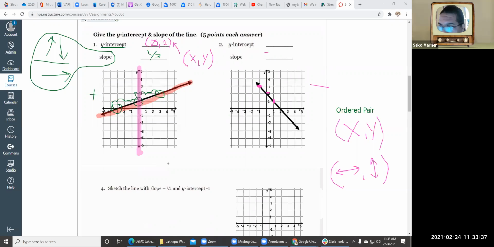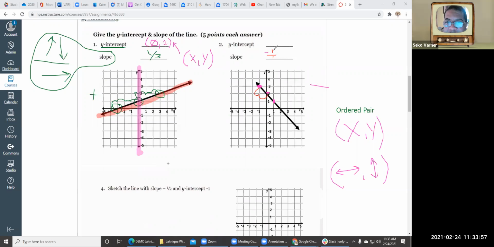All right. So we go to figure out the slope. We're going to go up or down and to the right. In this case, this is a negative slope. We're going to go down 1 over 1. So our slope is down 1 over 1.